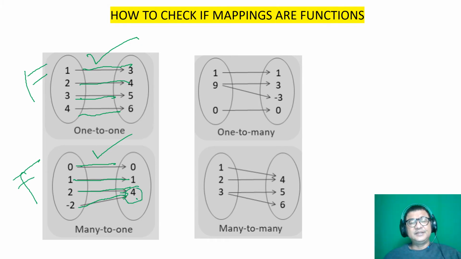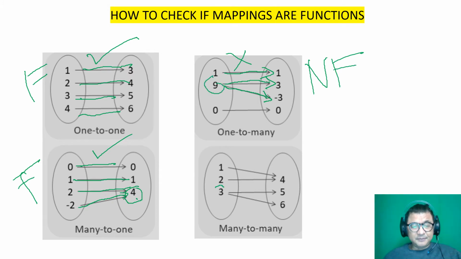But here, the next part, 1 has a 1, but 9 has a 3 output, and the same 9 has another output of -3. That cannot happen. So not a function. No repetition of the input. Same thing about the next one. 3 has a 5 and 3 has a 6. Wait, yeah, because it's the same 3. So not a function.